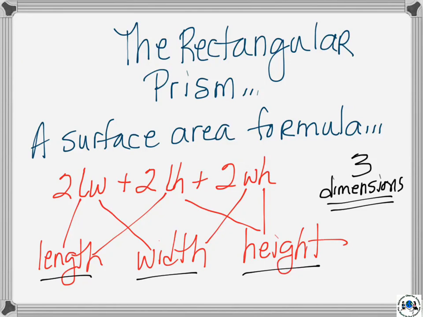But anyway, the surface area formula for a rectangular prism is 2LW, which is 2 times length times width, plus 2LH, which is length times height, plus 2WH, which is width times height.